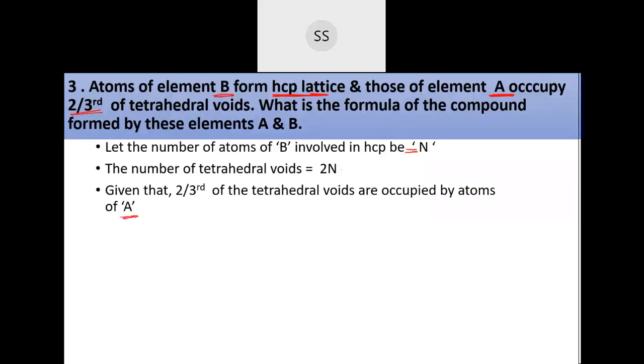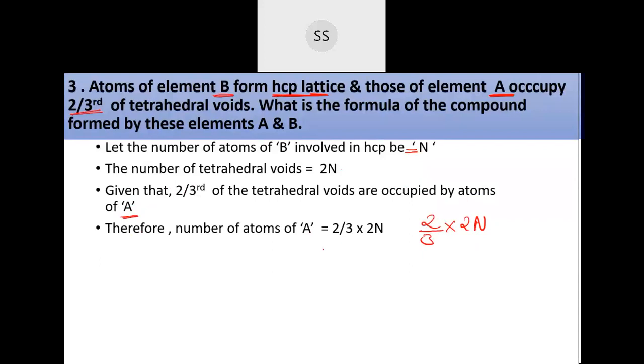Wherever you have that void, in that void you are having A atoms, and that full lattice is made up of B. So the number of atoms of A will be 2/3 of 2n. It's not 100% of 2n, only 2/3 has been occupied.